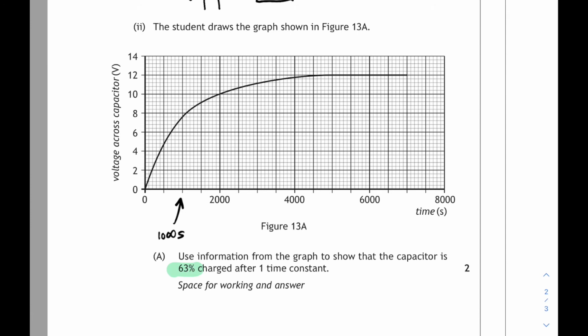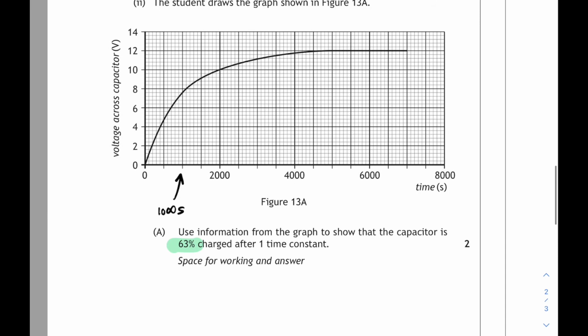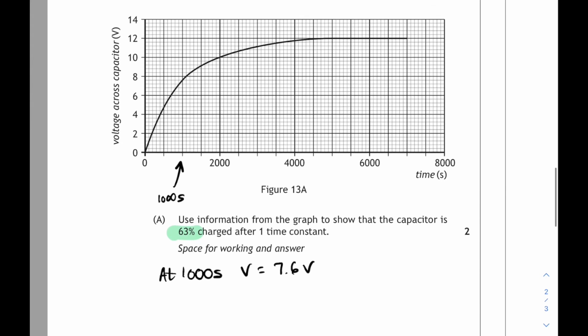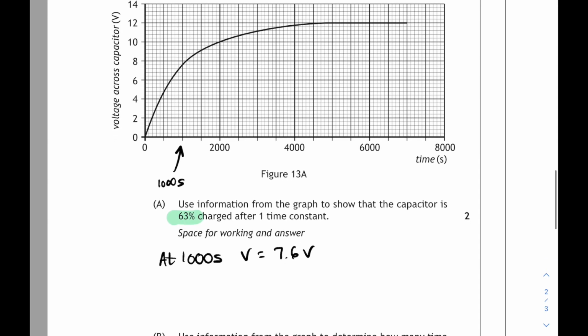So if we read the graph at 1,000 seconds, the voltage across the capacitor is, now let's have a look at that graph. It looks like each wee box is 0.4, so that will be 7.6 volts at 1,000 seconds. And if we work out what 63% of 12 volts is, because 12 volts is the maximum voltage, 63% of 12 volts is 7.6 volts. So at 1,000 seconds, it is 63% charged.